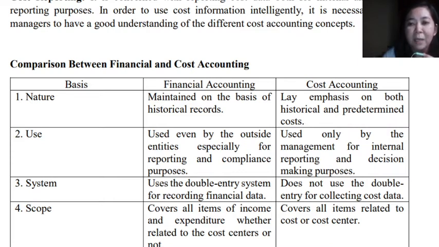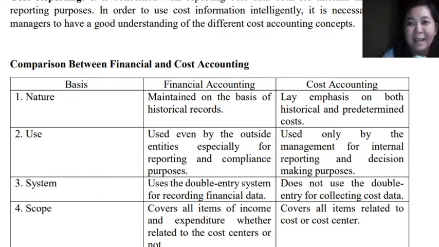Meaning, even if a certain activity, production process, or rendering of services has not yet been undertaken, under cost accounting we can predetermine the costs, or determine the costs in advance.